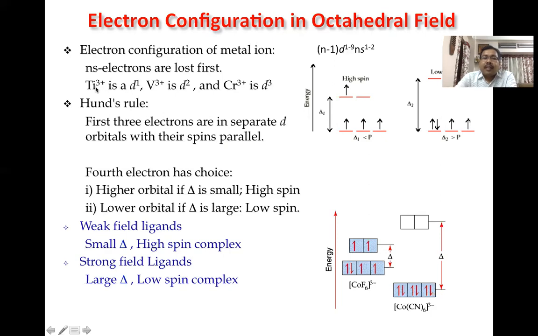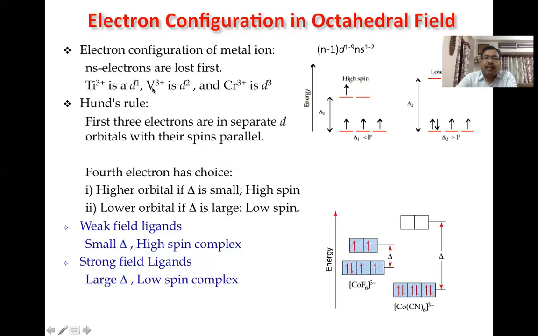So titanium, for example, is a d2 system actually, ns2 (n-1)d2. So the +3 oxidation state of titanium carries only 1 electron in the d orbital, a d1 system, because 2 electrons from the ns orbital will go out along with an electron from the d orbital, leaving a d1 configuration.